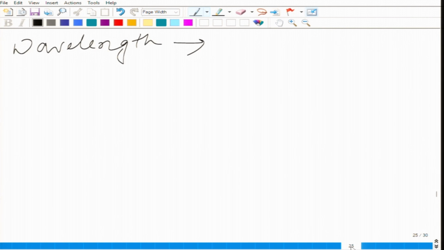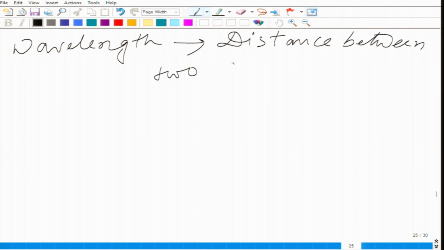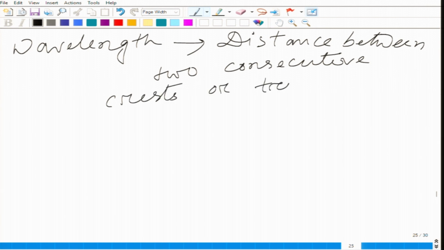So, what is wavelength? Wavelength is the distance between two consecutive crests or troughs of the light wave.